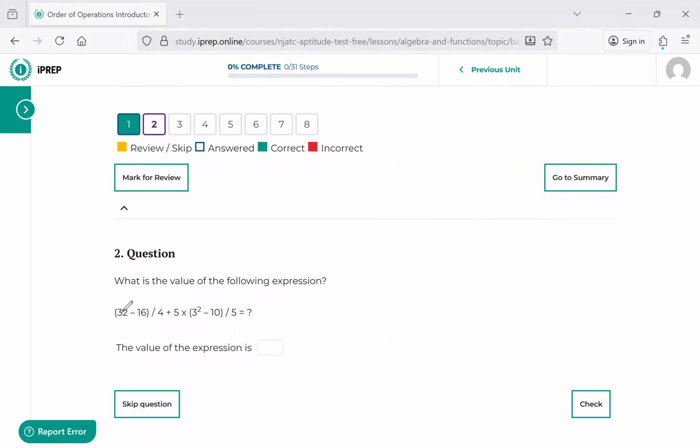We have parentheses 32 minus 16 divided by 4 plus 5 times parentheses 3 squared minus 10, divided by 5. So first, let me rewrite PEMDAS, and then I'm going to rewrite the slanted division sign with the horizontal division sign because it just throws me off.